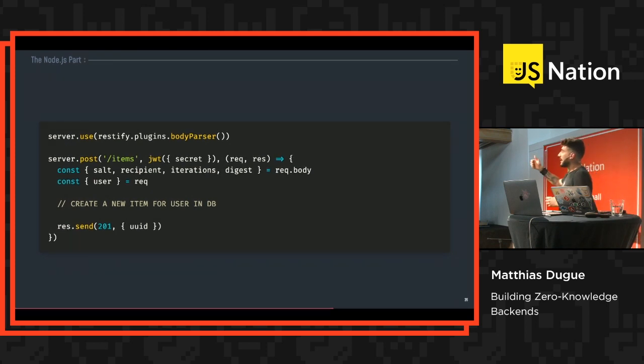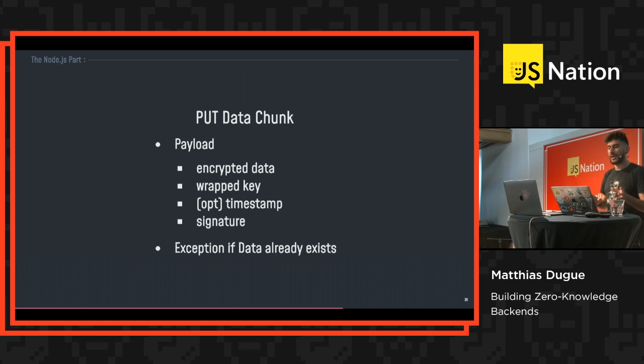You just get everything in your post request, so the various parameters, you store it in your backend, you return the UID, and then you are able to patch your payload directly in the new item slot opened on the backend, which means you will pass a payload with the encrypted data and the wrapped key and optionally a timestamp and a signature.